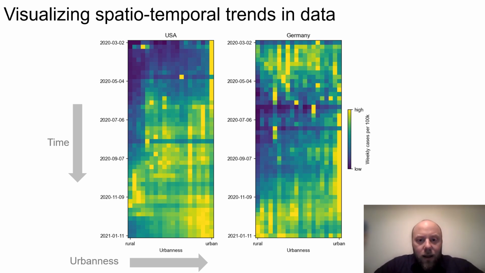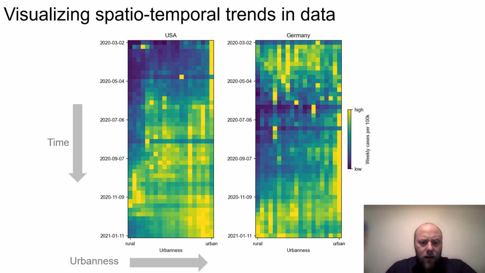I think this is quite interesting to look at, because it's an aspatial way to visualize geographic space and time at the same time, right? So we have on the y-axis, from top to bottom, time, starting in March 2020 to January 2021.